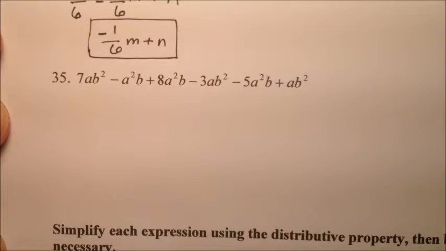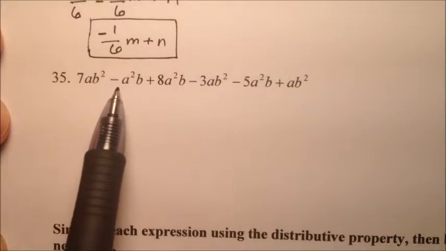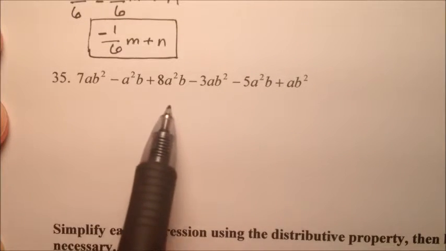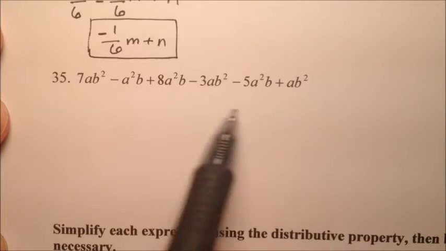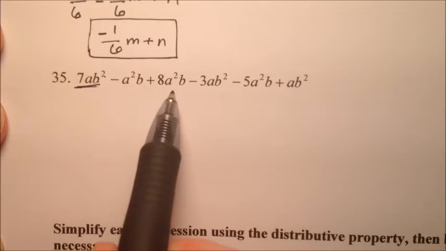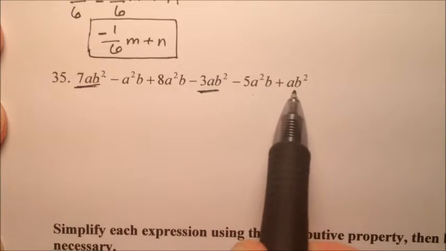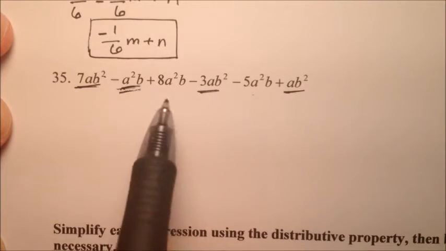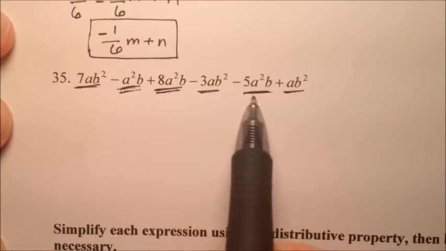And our final one for the combining like terms will be 7ab squared minus a squared b, and so on. We got a whole slew of these things. Be careful of what is being squared. In this case, the b is being squared, so we're going to look for other things where the b is being squared. Here's one, and here's one. It appears that the others have the a being squared, so I'll put 2 underlines under those.